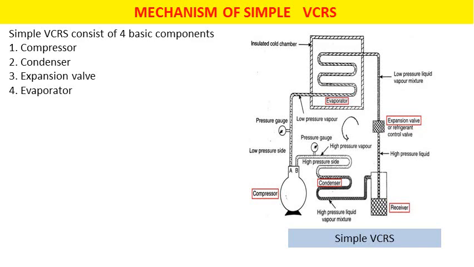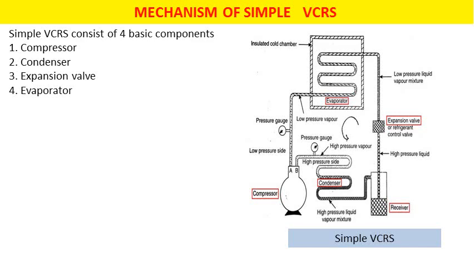Some of the liquid refrigerant evaporates as it passes through the expansion valve, but the greater portion vaporizes in the evaporator at the low pressure and temperature. That means after the expansion process, the condition of the refrigerant is low temperature, low pressure liquid refrigerant. Now this refrigerant passes to the evaporator.